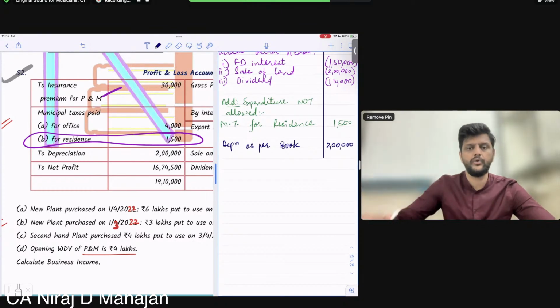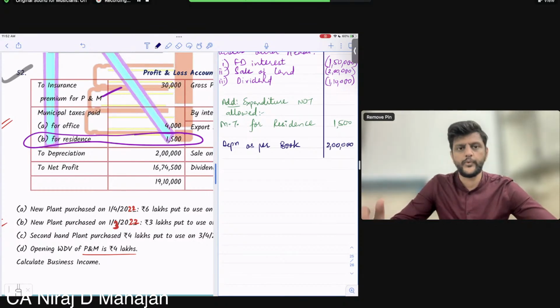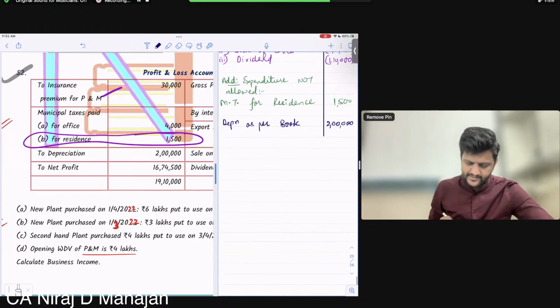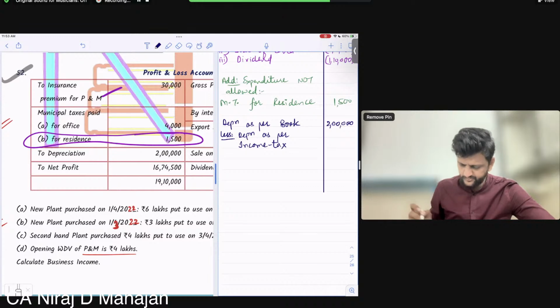But what will we allow? Will we allow income tax depreciation? Yes. So this debit is removed, but income tax depreciation is allowed. So I'll write down much less. Understood or no? Very important now. Clear?